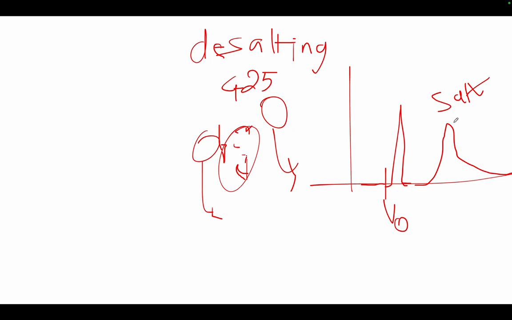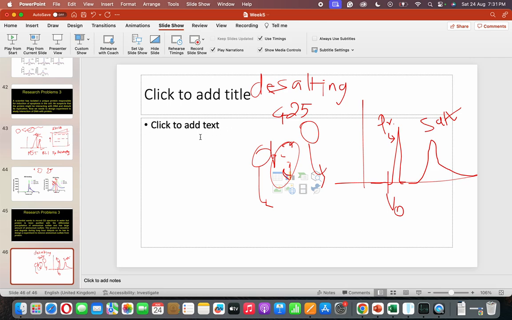And this is our protein. So this way we can effectively separate the protein from the salt. Again, SEC with a low exclusion limit. So that is basically what I wanted to discuss today.